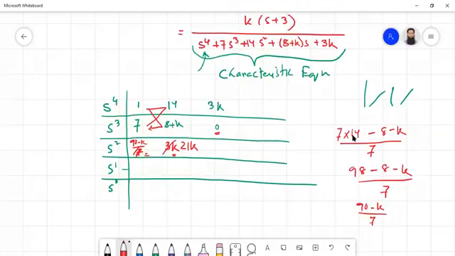So now if you figure out what will be the next value, it will be 90 minus k.